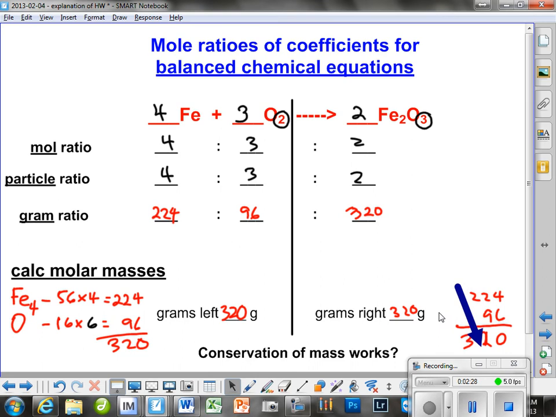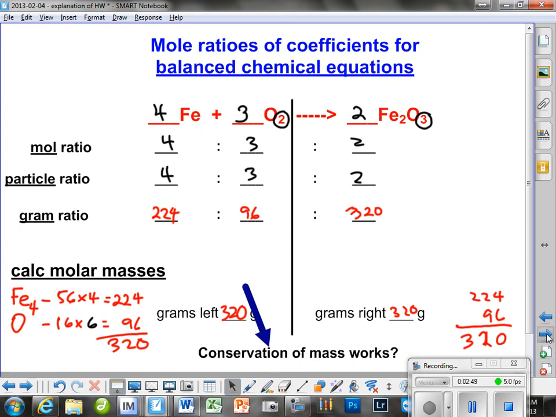So what I did was add up these totals, because that's the total of each atom that we have: 2 times 2 irons is 4, and 2 times 3 is 6 oxygens. So the masses on both sides wound up being the same, and we got the conservation of mass licked.